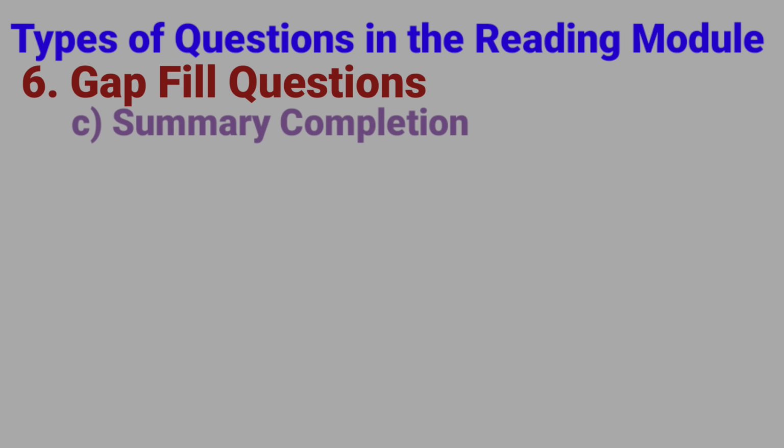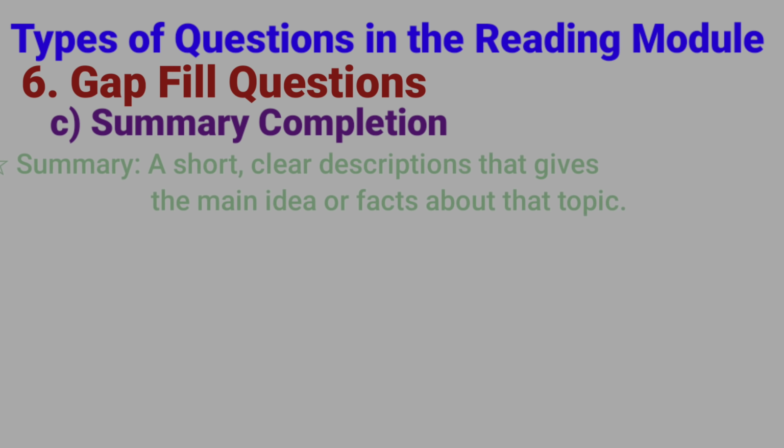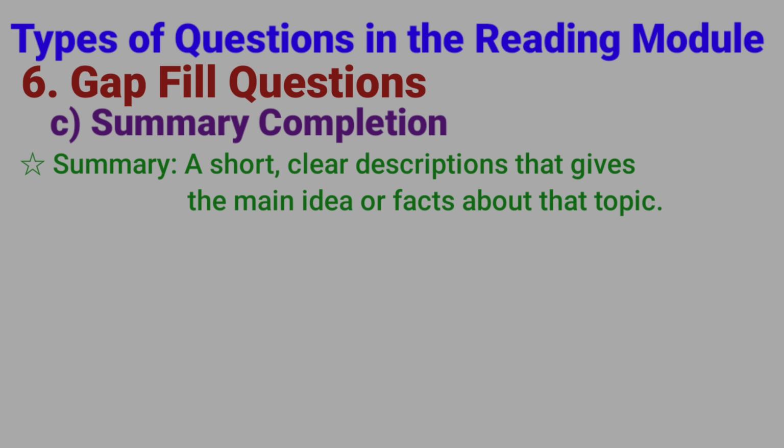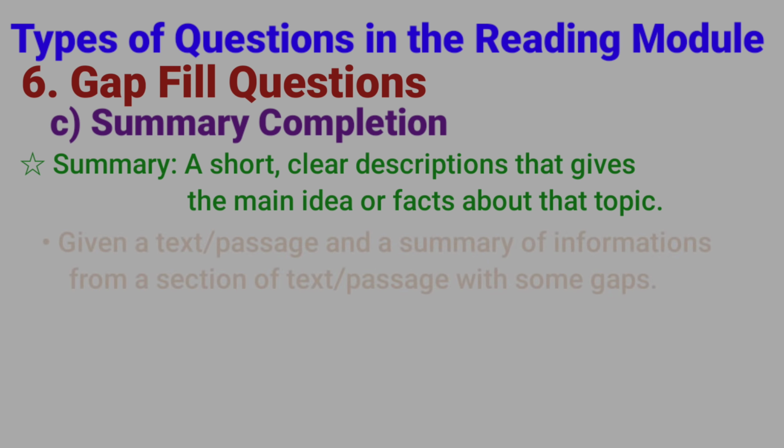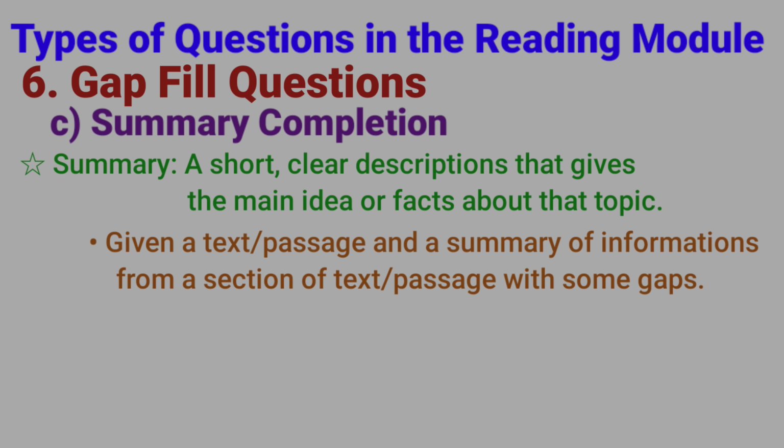Next is summary completion. Summary means a short, clear description that gives the main idea or facts about a topic. For summary completion, a text or passage is given, along with a summary of information from a section of it with some gaps.